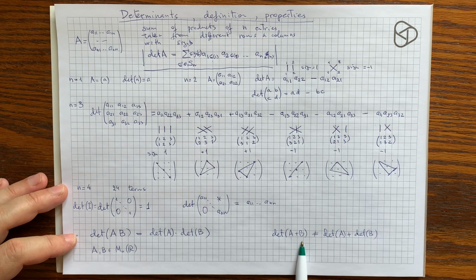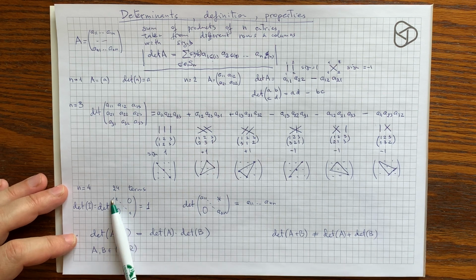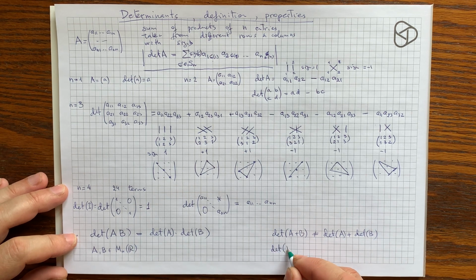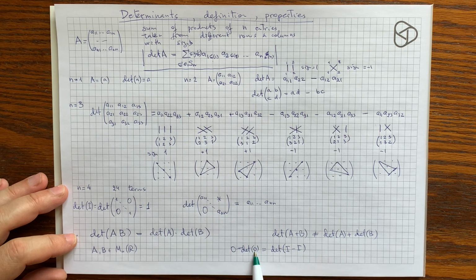Their sum is 0, and the determinant of the 0 matrix is of course 0.